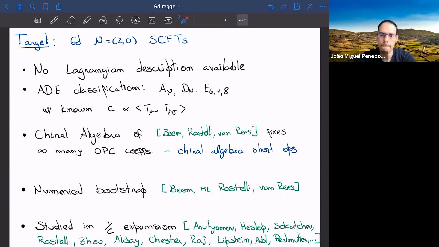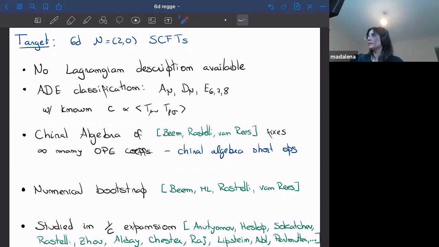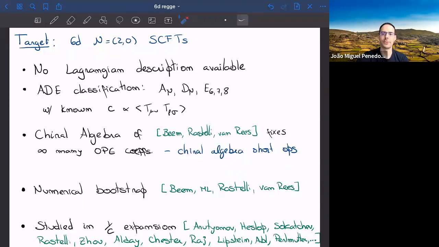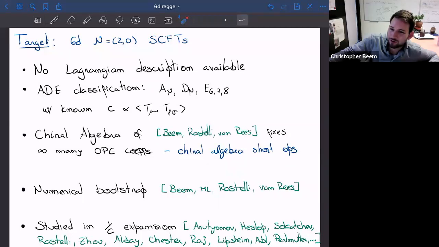As far as I know, it's similar. Maybe others. I don't know if Chris has anything to add, but I don't think it's in better shape. I think from a bootstrapper's perspective, that's right. There's a bit of an argument based on moduli space physics.